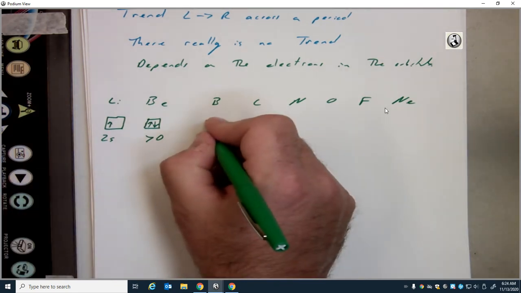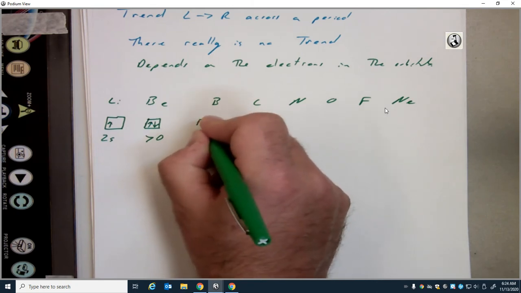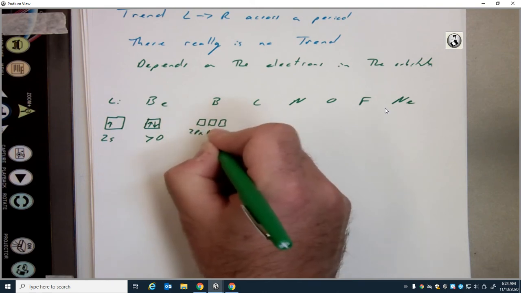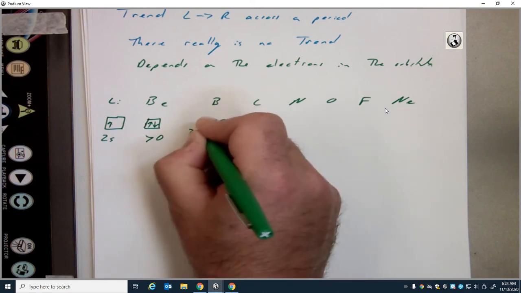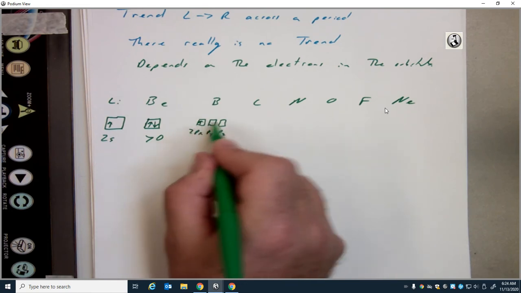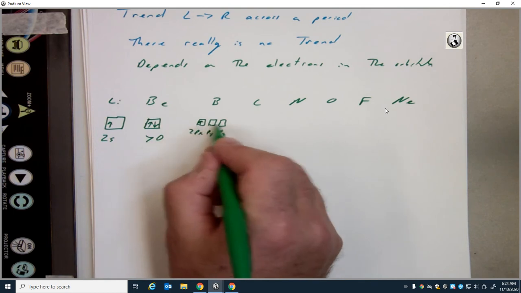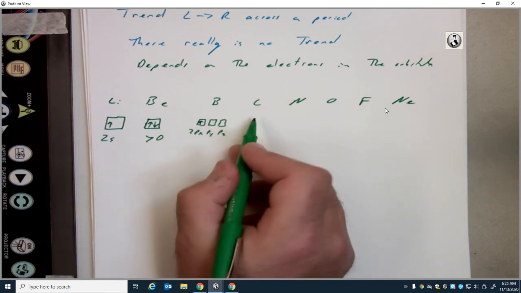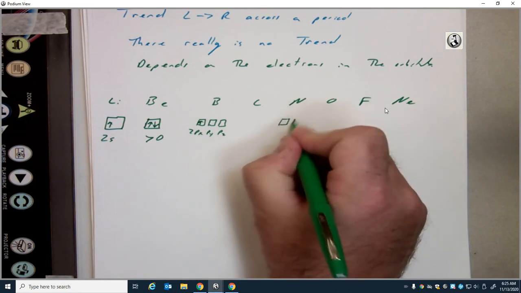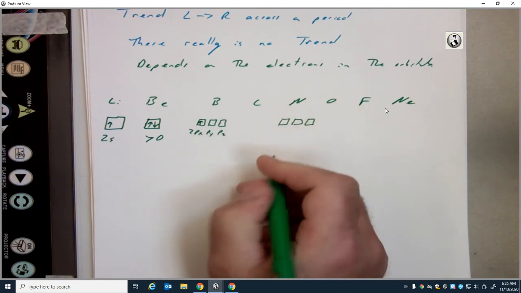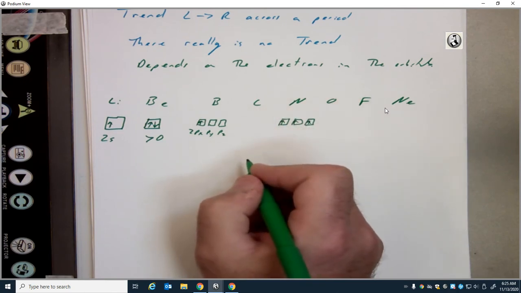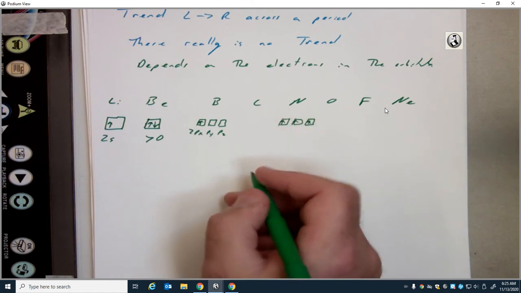Now, when we start getting into boron, we're getting into those p orbitals, 2px, 2py, 2pz. And the boron has an up. There's room in here for electrons to be gained. Carbon's the same thing. Nitrogen ends up being a little bit different. Remember we said these half-filled p and d orbitals are relatively stable?